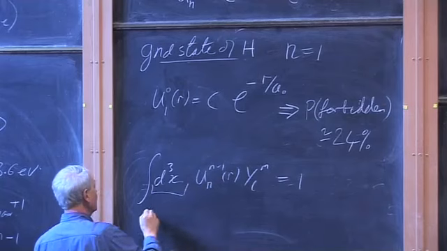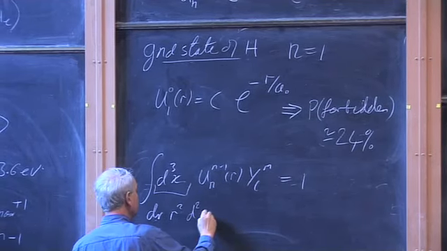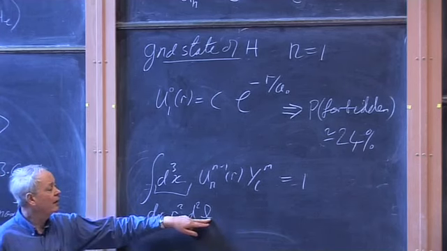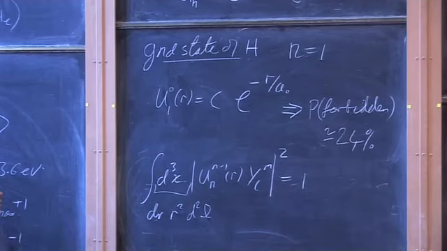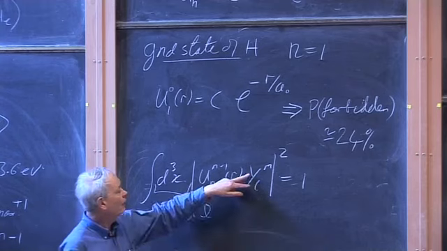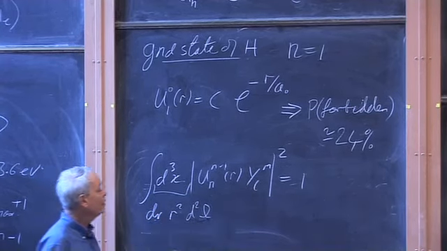This thing we write as dr r squared, and then the integral sine theta d theta d phi, d2 omega over the sphere. When we integrate over angles over the sphere, we're integrating Y lm mod squared over the sphere, and that comes to 1.